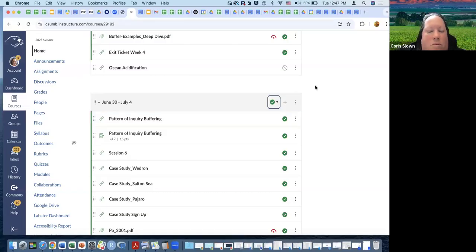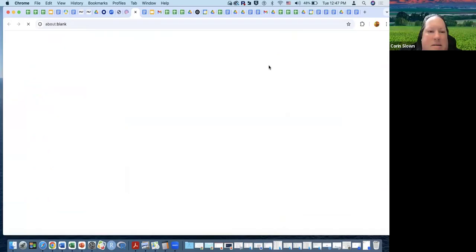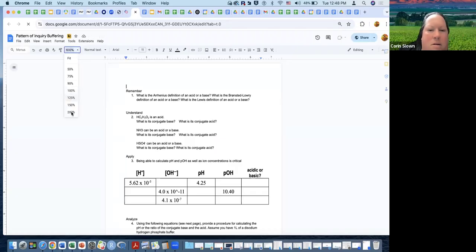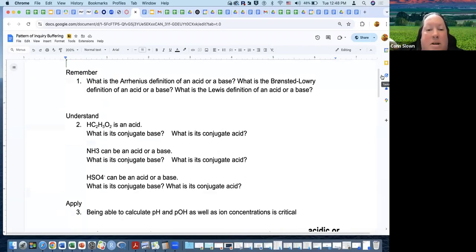Okay. So if you refresh your Canvas page, you should have access to the pattern of inquiry for buffering. So that's going to be due next Monday. Let's take a look at that for a minute, in addition to our case studies. So I'm going to ask you to do a little bit of refresher recollection around acids and bases.